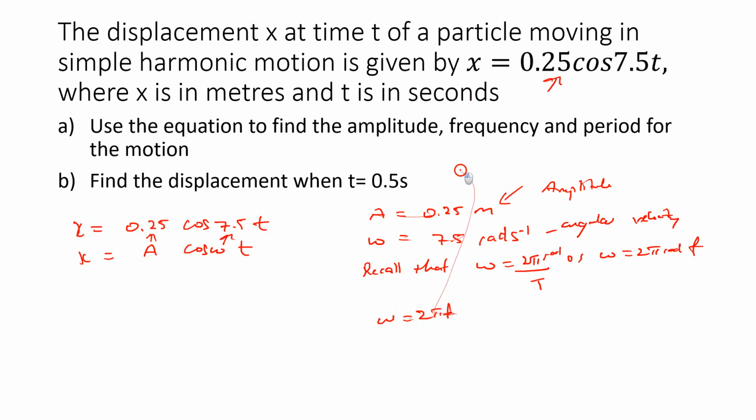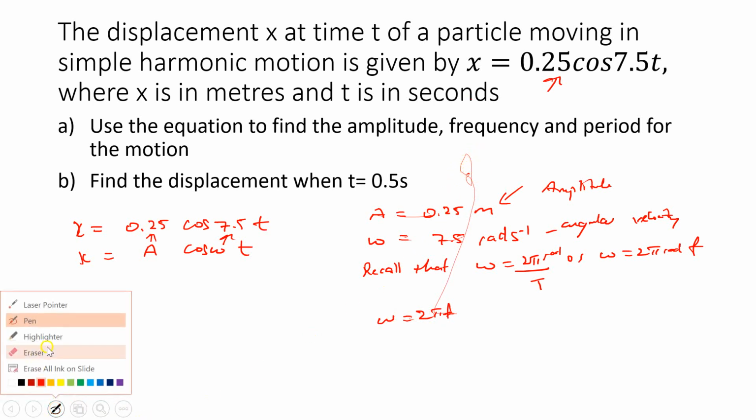Now, there's a difference between angular frequency and frequency. Angular frequency is talking about the speed. Frequency just speaks to the number of oscillations passing through a given time. Basically, frequency is the number of oscillations within 1 second.